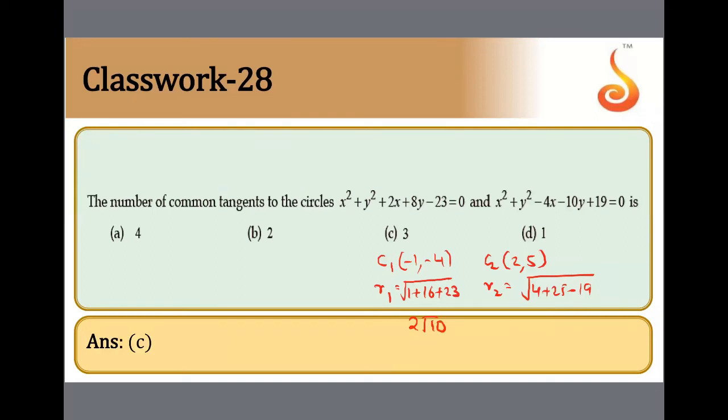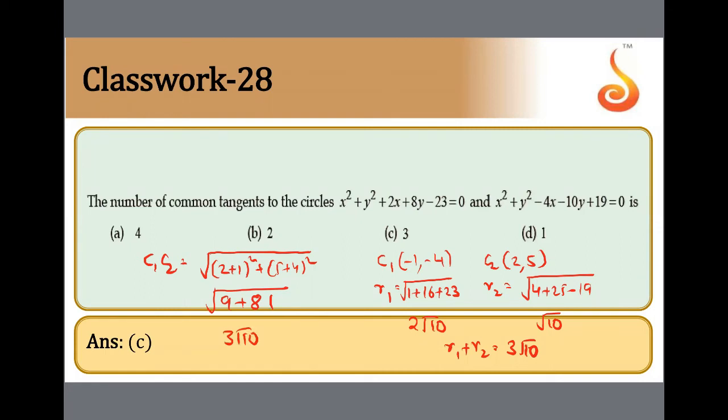And this is 29 minus 19, root 10. So R1 plus R2 is equal to 3 root 10. What is C1, C2? C1, C2 is under root of 2 plus 1 whole square plus 5 plus 4 whole square. This is 3 squared, 9, plus 81. That gives 3 root 10. So what we observe? C1, C2 is equal to R1 plus R2. So 3 tangents are possible.